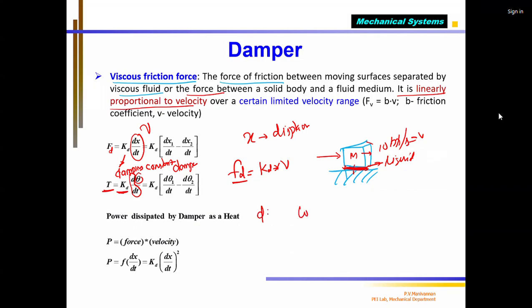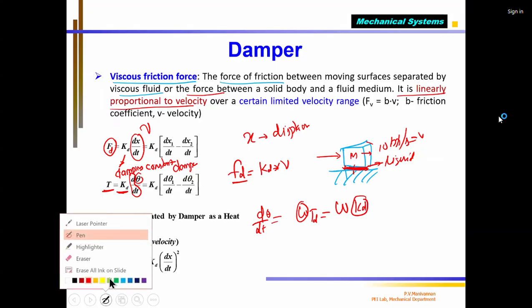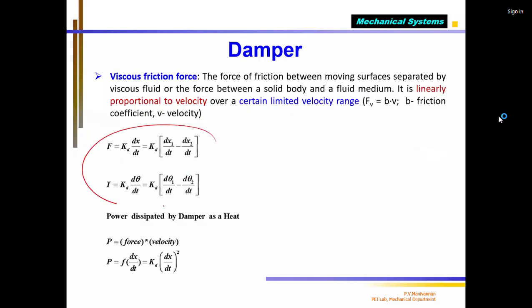Omega into kd, the damping constant of the damper, is equal to the torque applied. Here I can say TD, the damping torque, and kd is called the damping constant. So both equations represent the mathematical model of a damper.